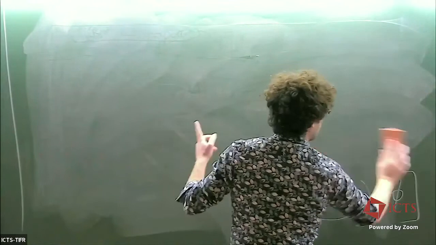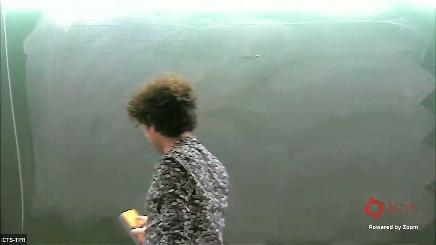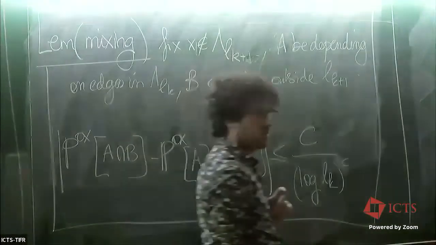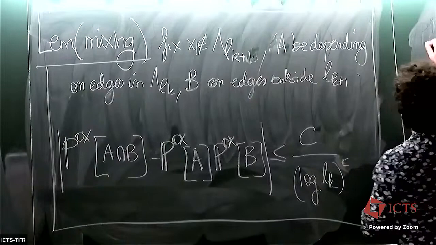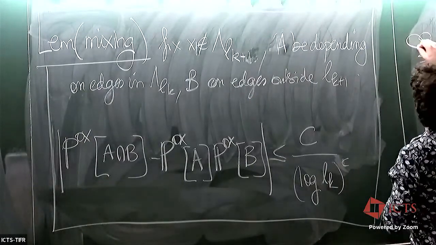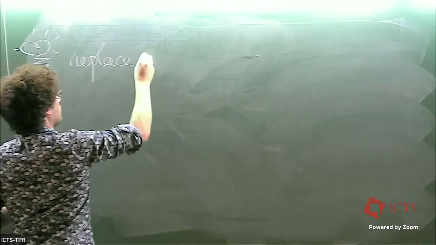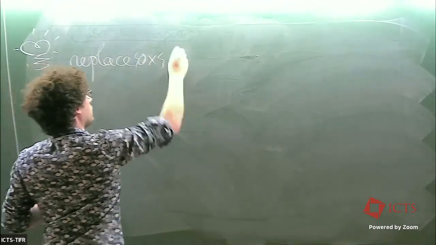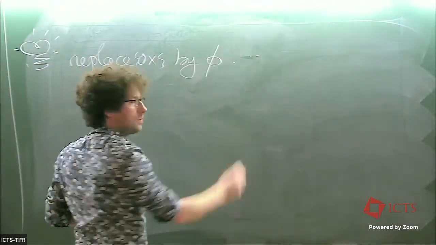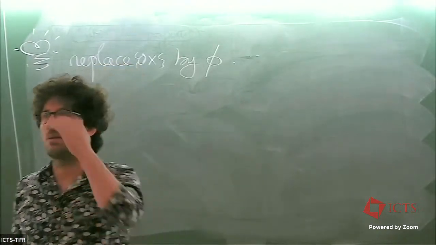In order to show that this is a little bit difficult, let me make an analogy. Imagine you do not have sources. Replace 0x by the empty set. Okay. So you look at mixing when you have sourceless currents.